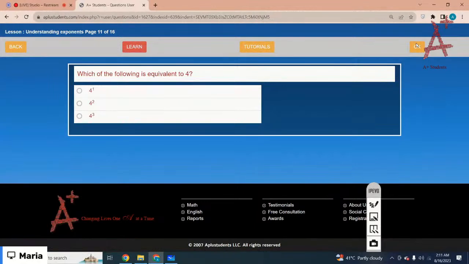Which of the following is equivalent to 4? Which is the correct option?